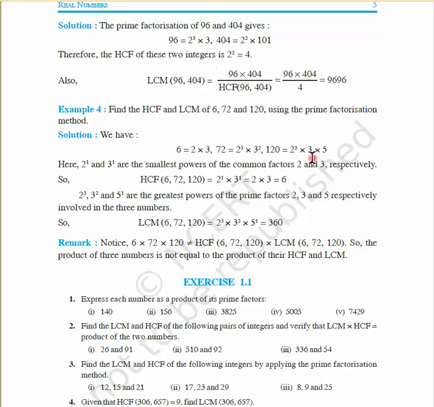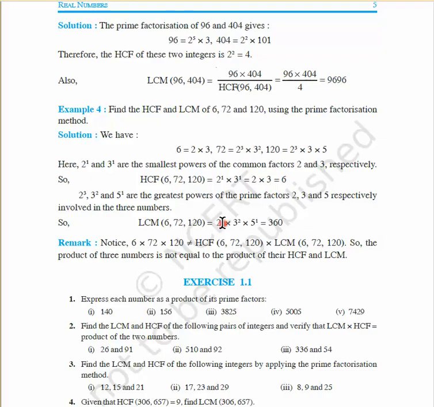And 120 can be written as this. Now here, to find the HCF, we need to take the smallest power of the common factor. So common factor here is 2 and the lowest power it has is 1. So 2, then other common factor is 3, so we can take 3. So 6 is the HCF here.